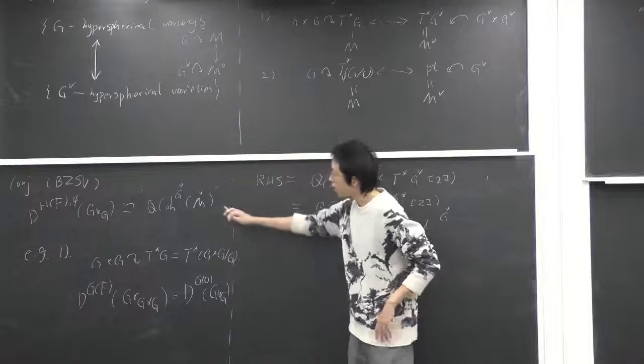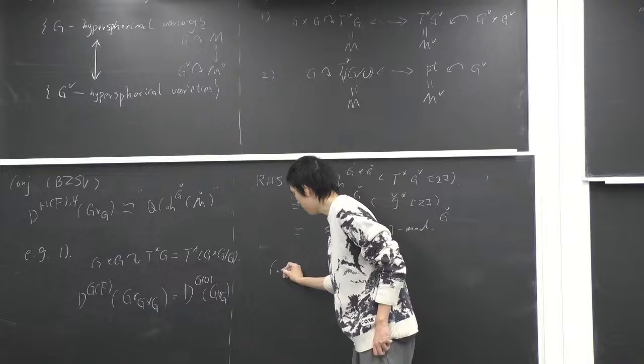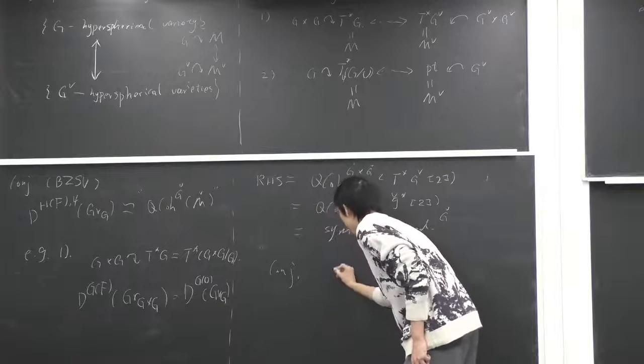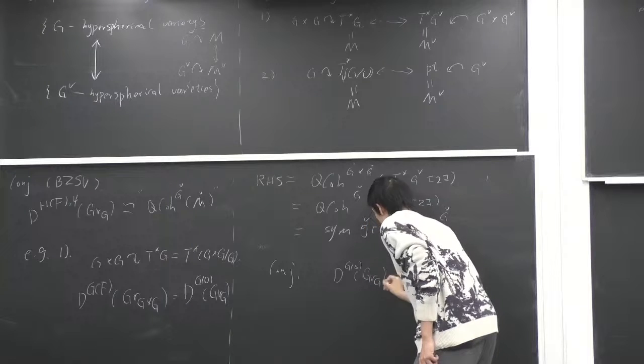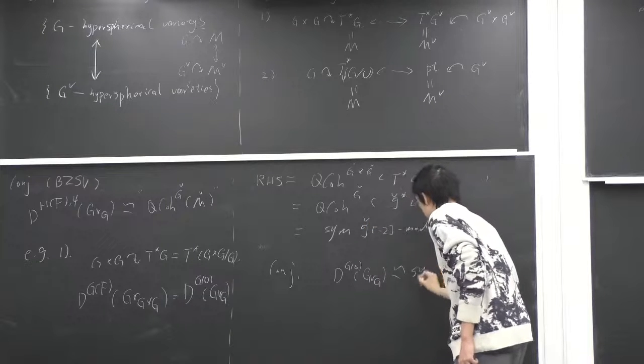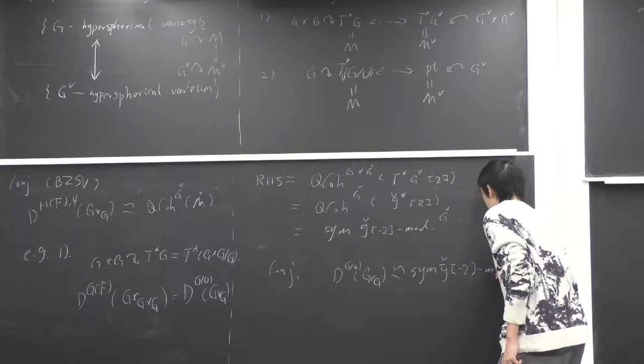Then we can see that the conjecture of BZSV is just as follows. The category of G_O equivariant modules on G is equivalent to Sym G check minus 2 modules over G check.